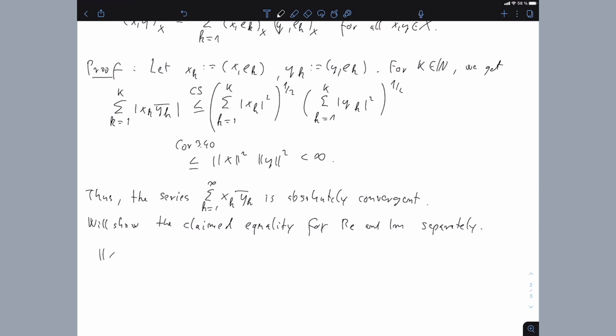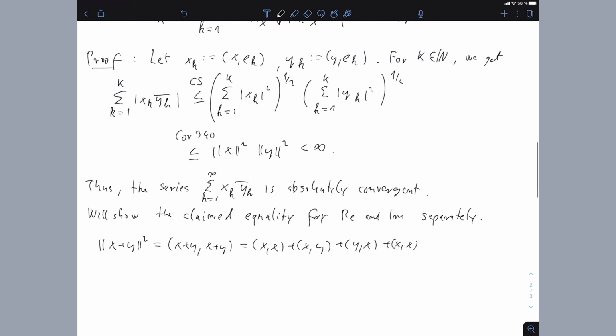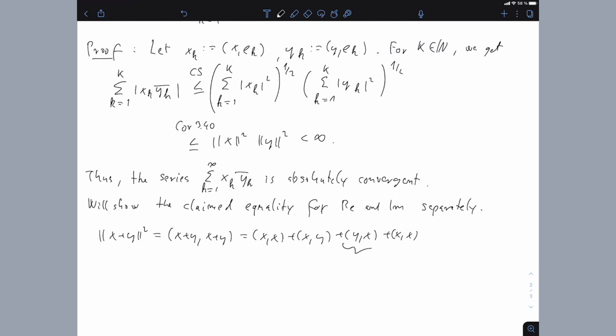And first, we note that if we have the norm squared of the sum of x and y, we can write this as the scalar product of x plus y with itself. And then we can multiply everything out. We used this trick before. So just multiplying everything, and if I change the order, I get x, y conjugated.